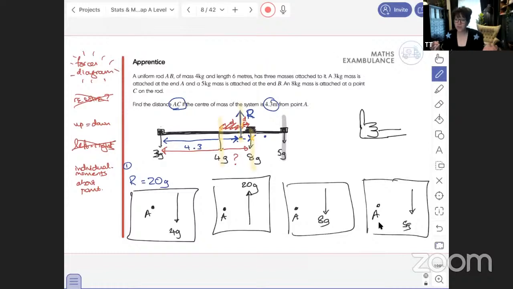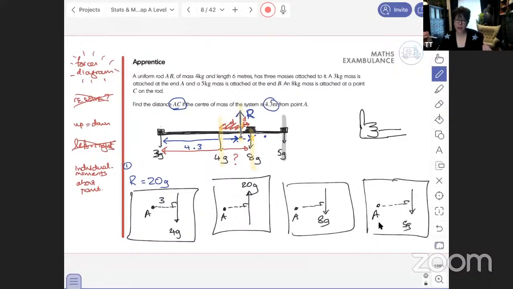Right, now we do the difficult bit, which is the D. D for difficult. How far is that? How far is that? And how far is that? Okay, from A to the 4G is half of the length of the entire thing. The entire thing was 6, so that's 3. What about from A to the center of mass?